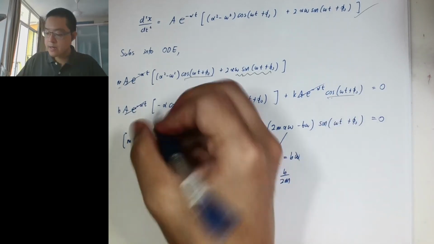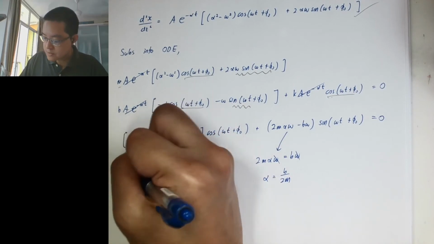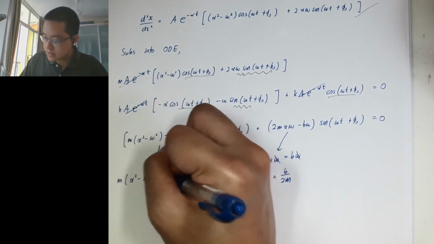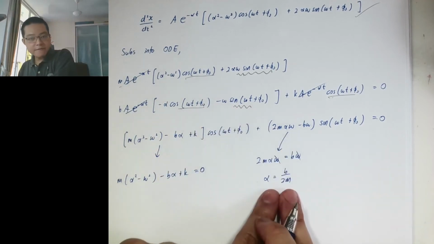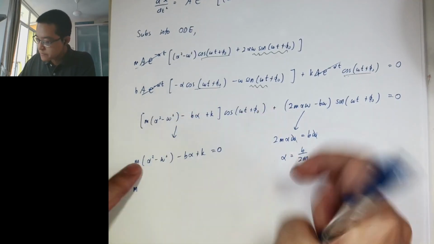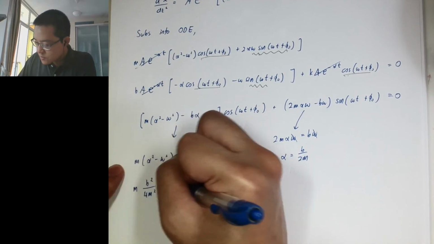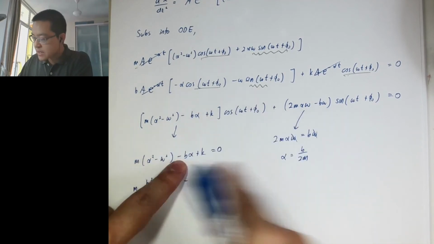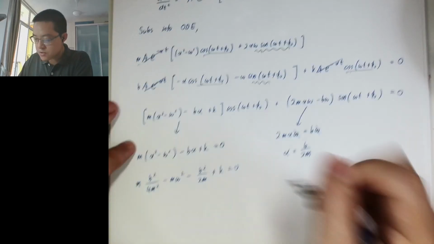Okay, and then if I want this to be 0, I got m alpha squared minus omega squared minus b alpha plus k. I want this to be 0, and I have alpha given already. So m alpha squared is b squared over 4m squared minus m omega squared, and then b times alpha, so it's b squared over 2m, plus k equals 0.